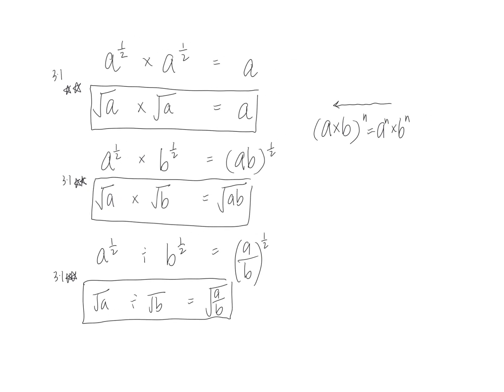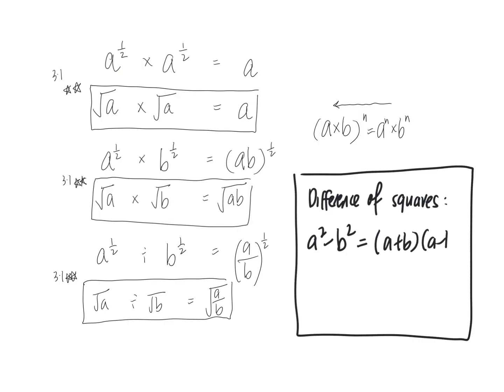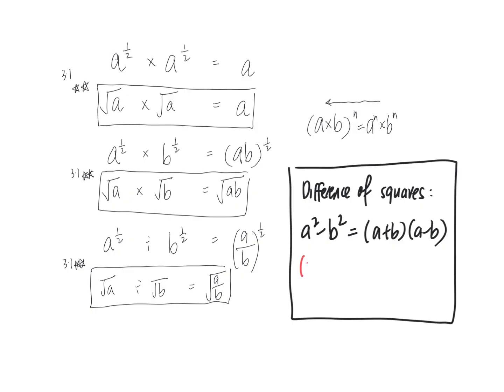Okay, one more thing that is important for indices is this difference of squares property you learned in Sec 2. If you all can still remember, a square minus b square is a plus b, a minus b. So if you want to get rid of an expression with surds, for example, if I have 2 plus square root 3, I want to get rid of the square root in this expression.